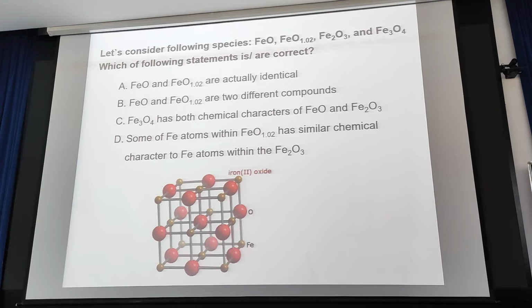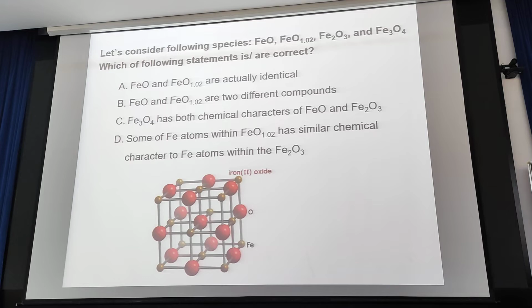Let's consider the following species. You have three: FeO, FeO1.02, Fe2O3, and Fe3O4. Which of the following statements, A or B, is correct? First, the two compounds are actually identical. Second, the two compounds are different, they are not identical.